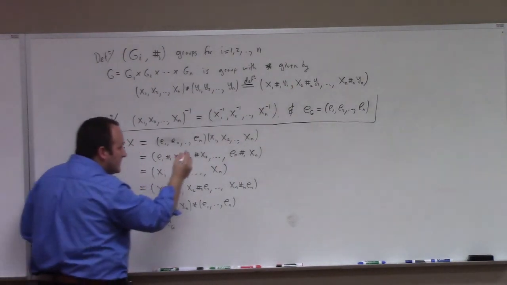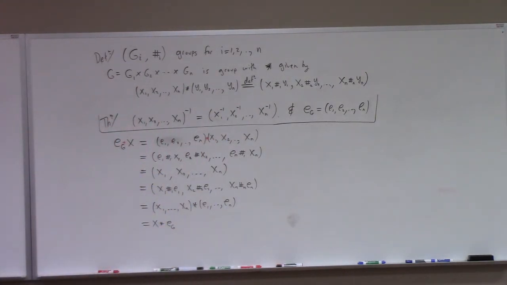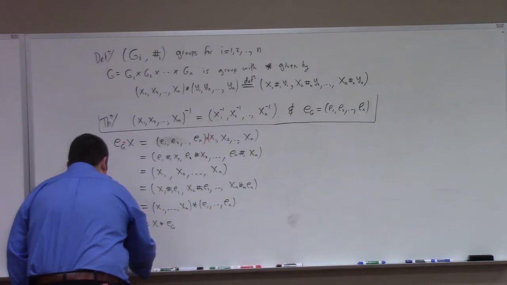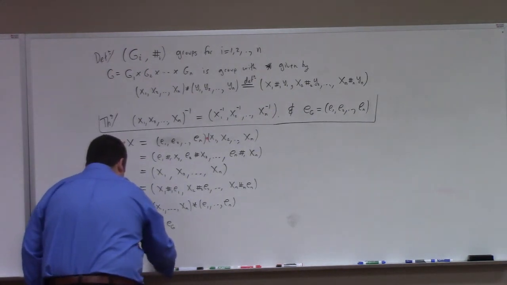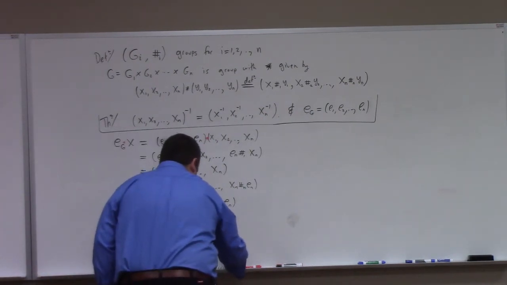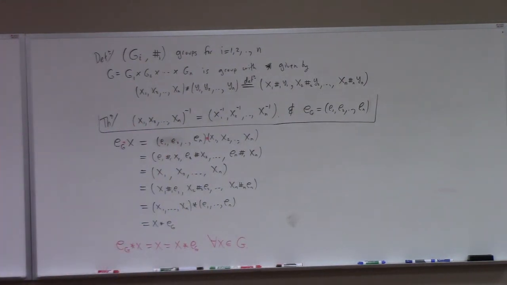Star. Star. So what does this calculation show you? In summary, we have that EG star x is equal to x star EG for all x in G, which suffices to prove that the tuple of the identities is in fact the identity for tuples. It's the identity for these vectors of group elements. So much writing, not so much thinking though, right?